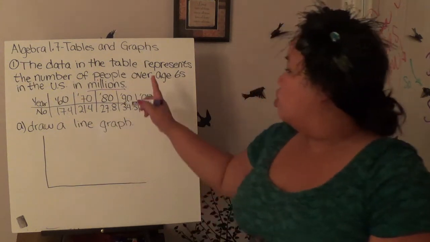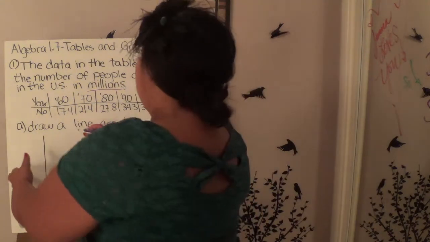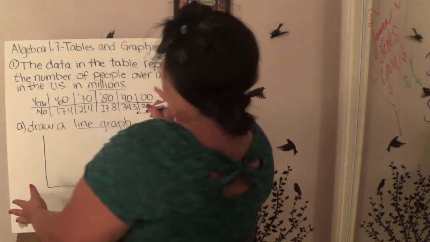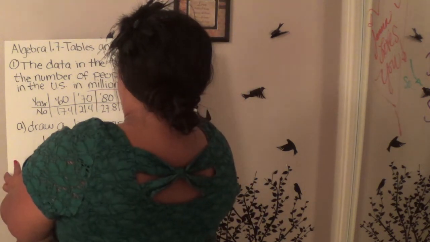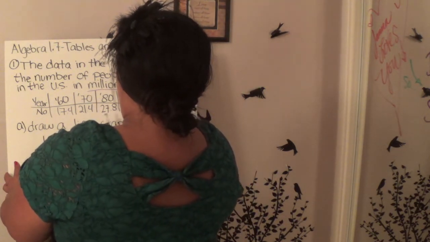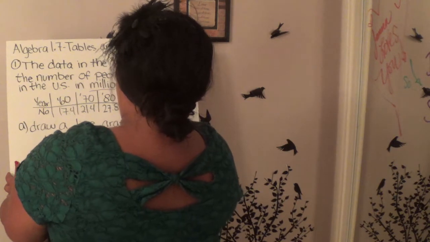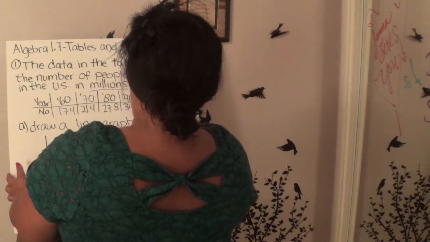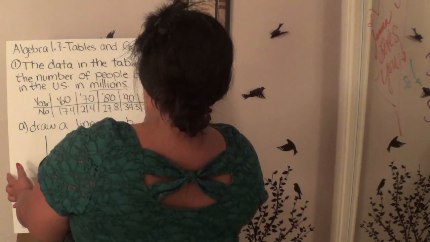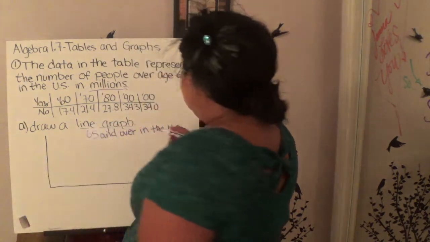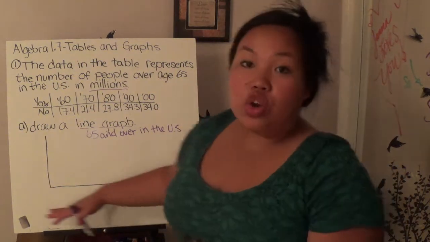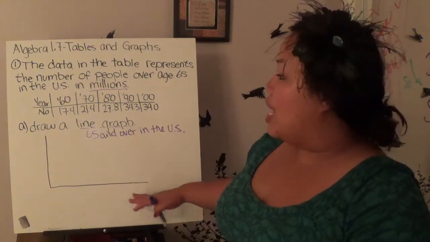is I need to label first and foremost when I want to draw a line graph. I'm going to put a title that says 65 and over in the US. This allows me to know what I'm doing. The bottom is the thing that never changes.